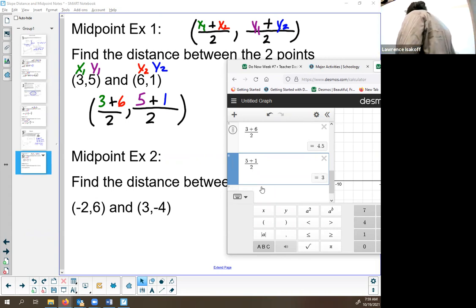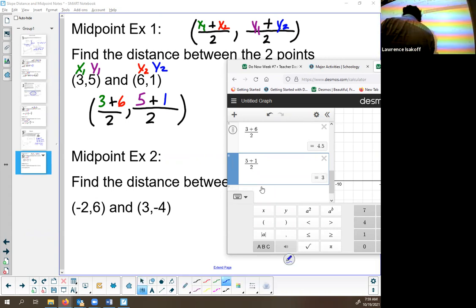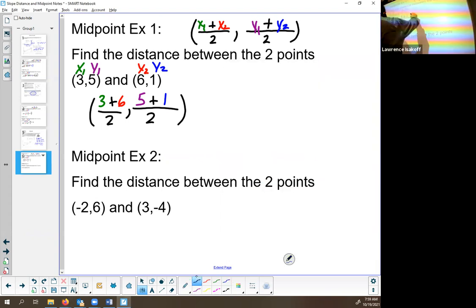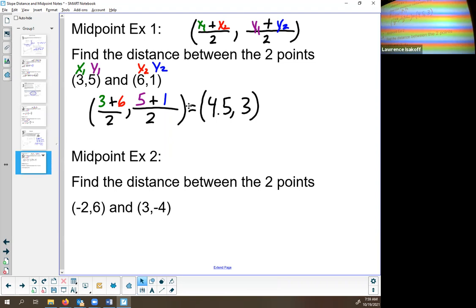So I get the point. Now this answer will always be an xy point. 4.5, comma 3. So if we looked at that on the graph, we would see that is in the middle between those two. Got one last example that I'm going to give you guys the rest of class to start this practice and get help, get support, whatever you need, okay?